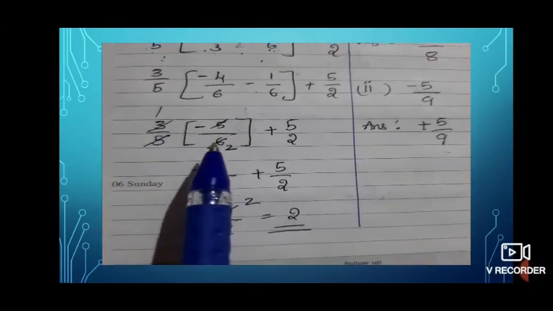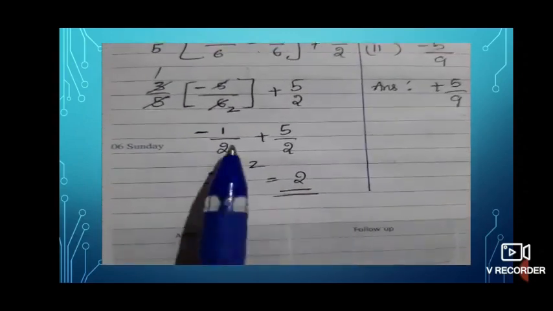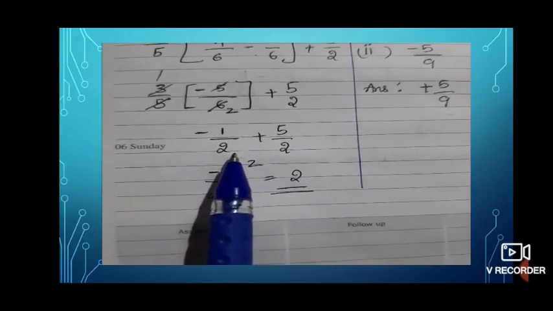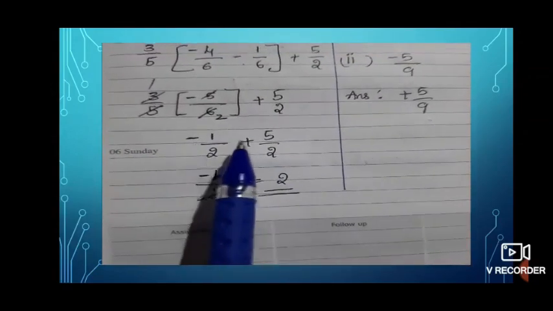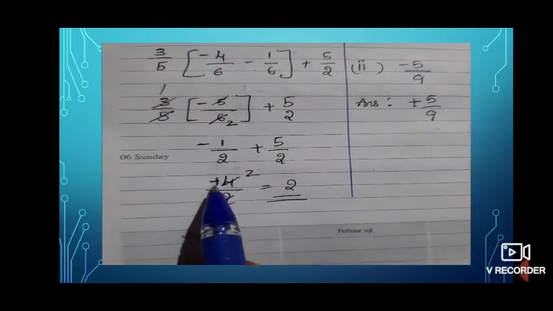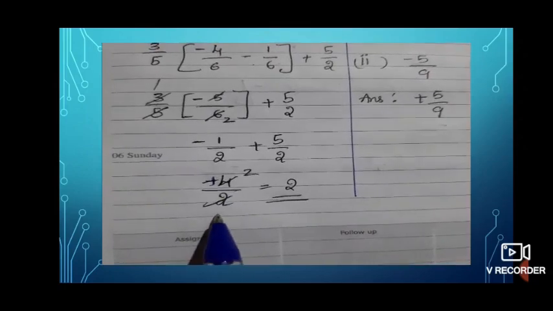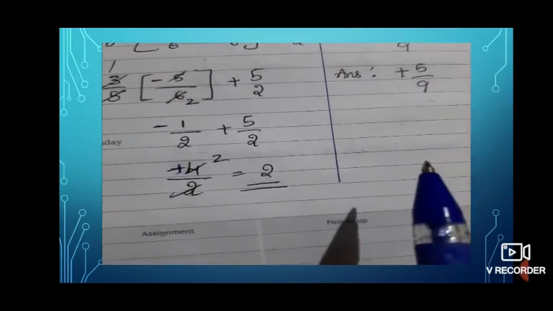This way of cancellation is called cross cancellation. Plus 5 by 2. Now both denominators are the same, so we add the numerators: minus 1 plus 5 is plus 4. Plus 4 by 2, 2 twos are 4, so the answer is 2.